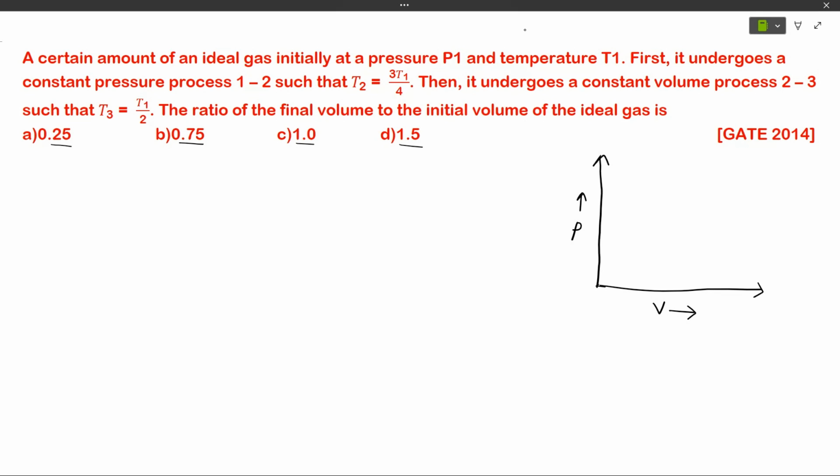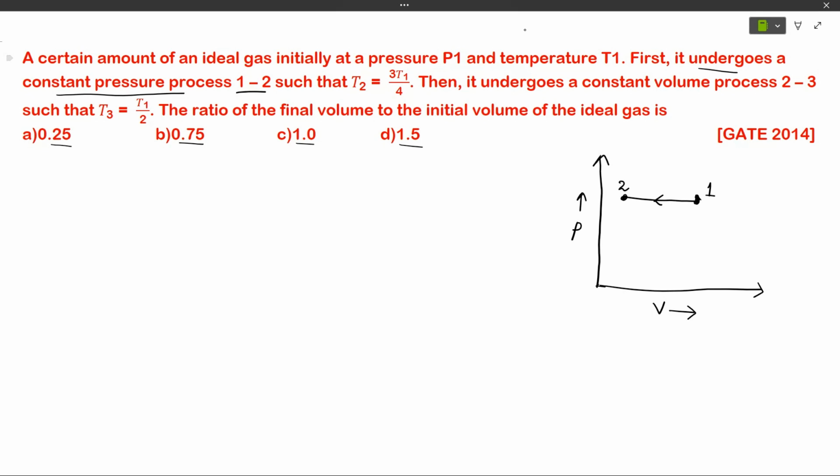So let us consider this is the state 1, or you can say the initial state of an ideal gas. It undergoes a constant pressure process, that is process 1 to 2. So here we consider this is a constant pressure process and this is process 1 to 2. So this is state 1 and this is state 2.